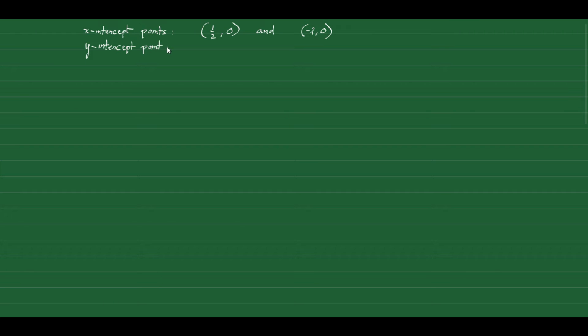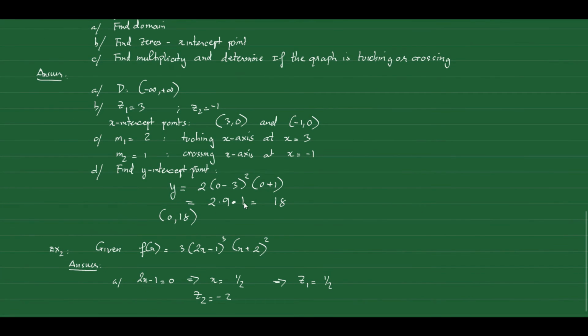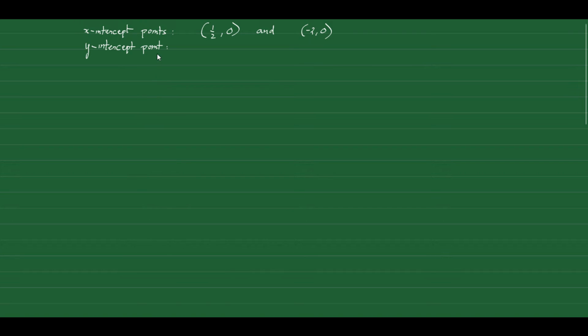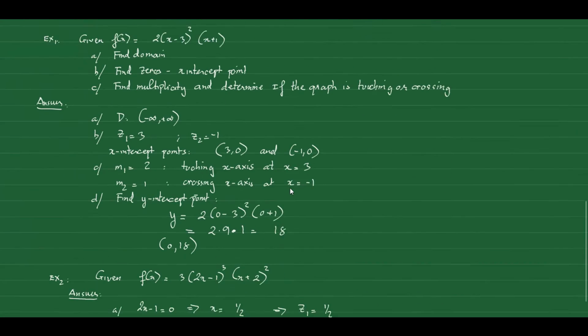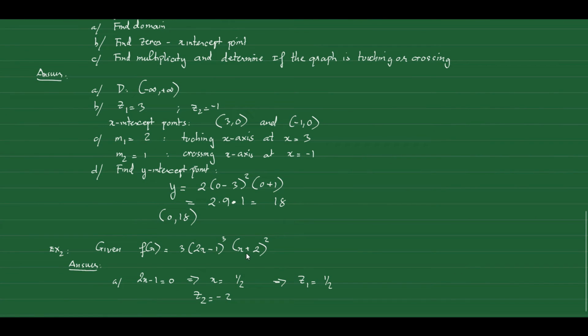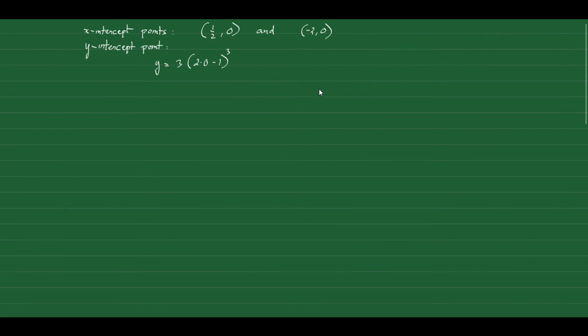To find the y-intercept point, you replace x with 0. So you have 3 times (2 times 0 minus 1) raised to the third, times (0 plus 2) squared.